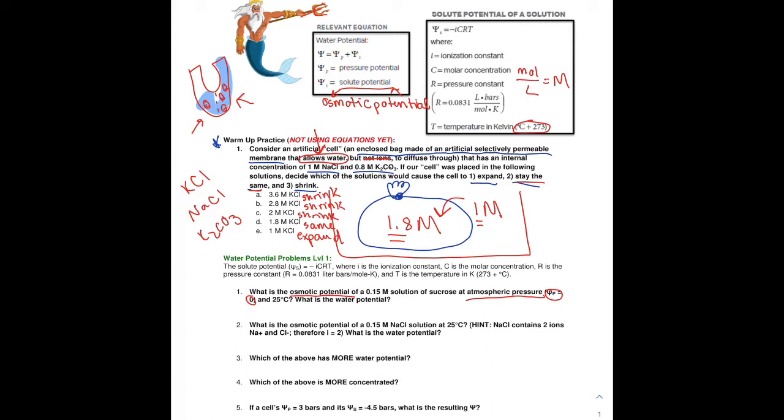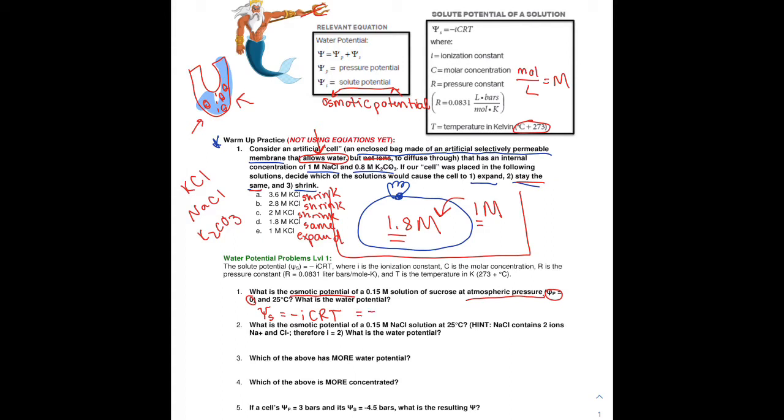So how do you find your solute potential? All right, our solute potential equals negative iCRT.